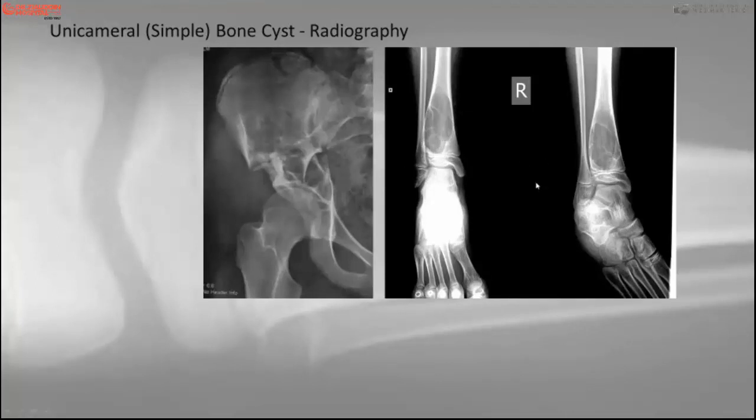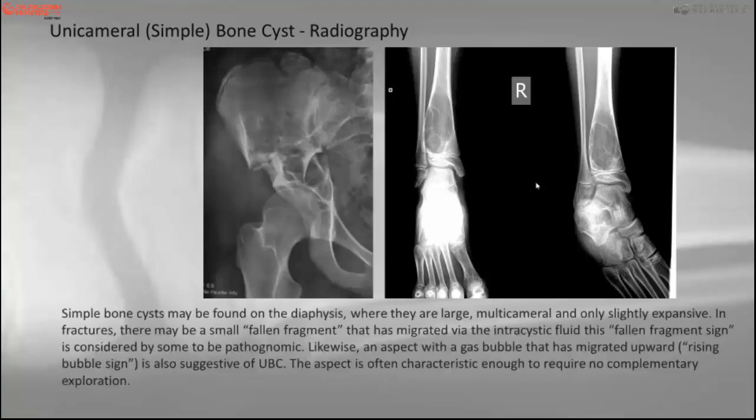There is also a sign known as the fallen leaf or fallen fragment sign, which is seen typically in bone cysts. So this fragment, or there might be a bubble appearance because it is fluid filled and air can be trapped, and you can see a bubble here. So these are typical findings of simple bone cysts.